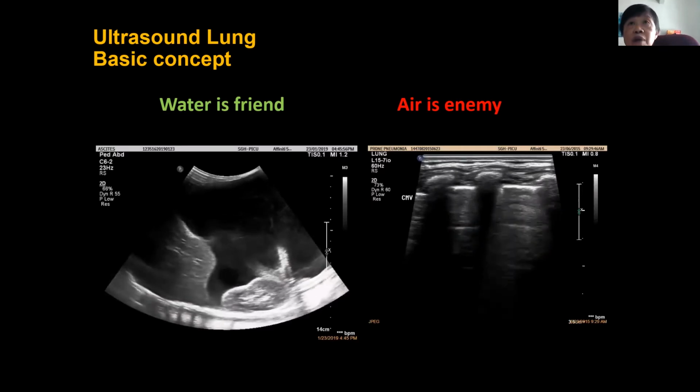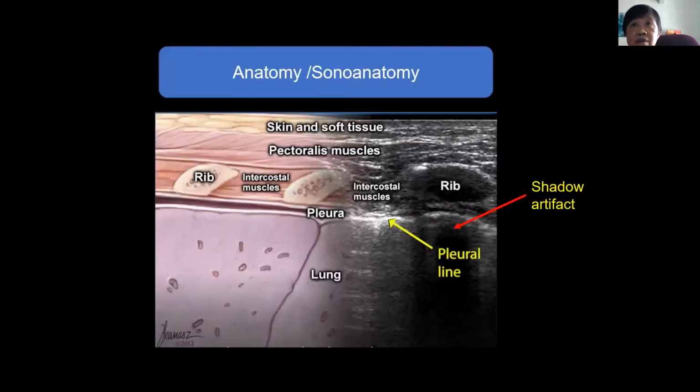So we now talk about the features of the normal lung ultrasound. If you look at the anatomy of the chest, we have the skin and soft tissue on this side, and the pectoralis muscle, the ribs in between, the intercostal muscles, and just below it is the pleura, and then the lung.